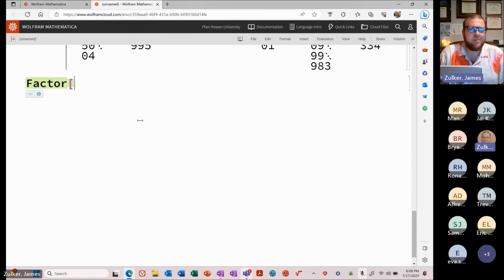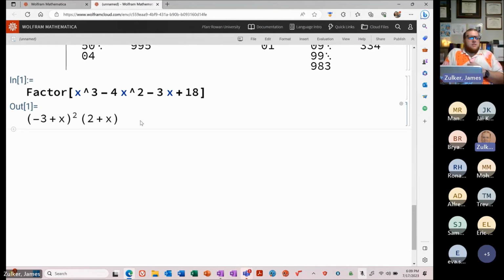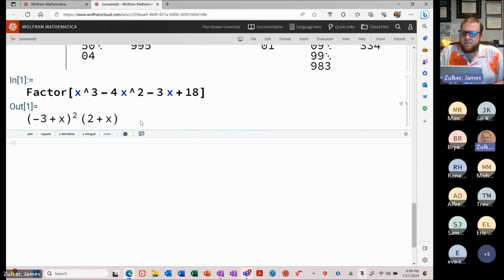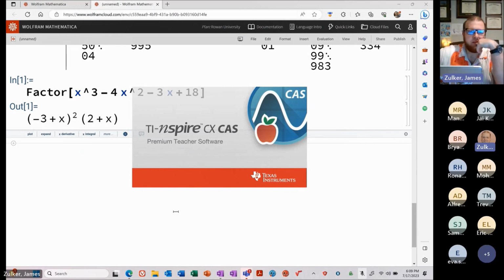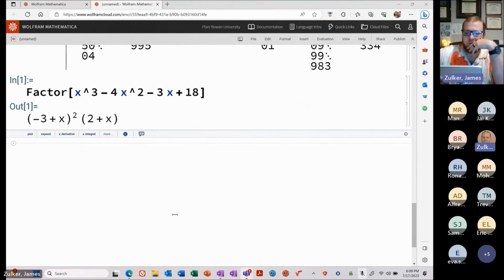So the command is really just factor, and just type in the expression you want factored. Then you just shift enter to execute, and it gives you the factored form: x minus 3 squared times x plus 2.